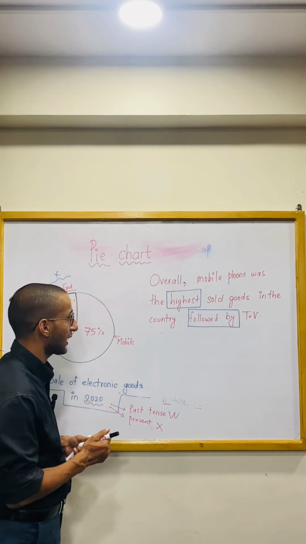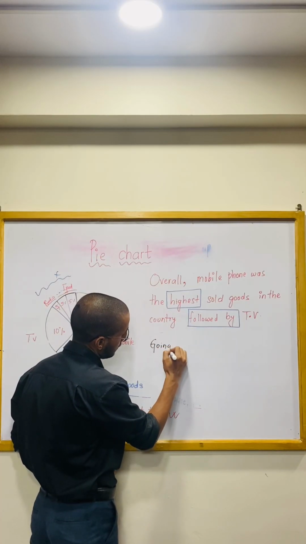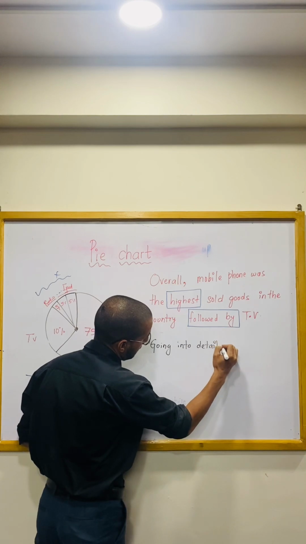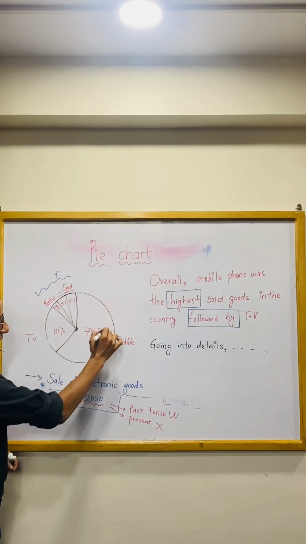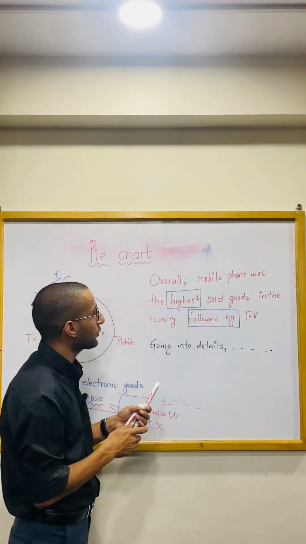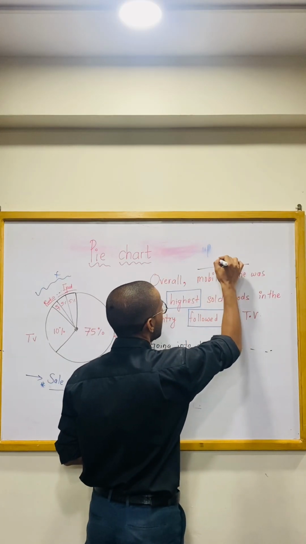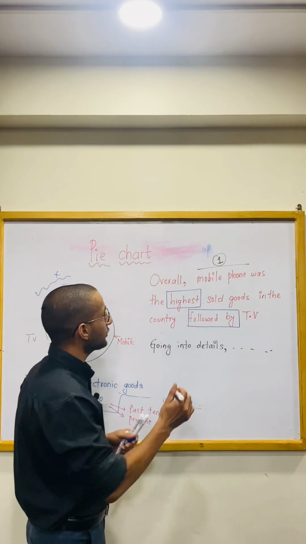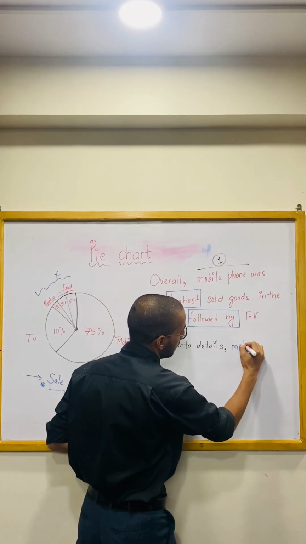So when we go to the body, we can start by writing going into details and write about this 75%, 10% included here. But the most important thing is here, this mobile phone was the number 1 idea, right? So the first thing you will write about is the mobile phone.